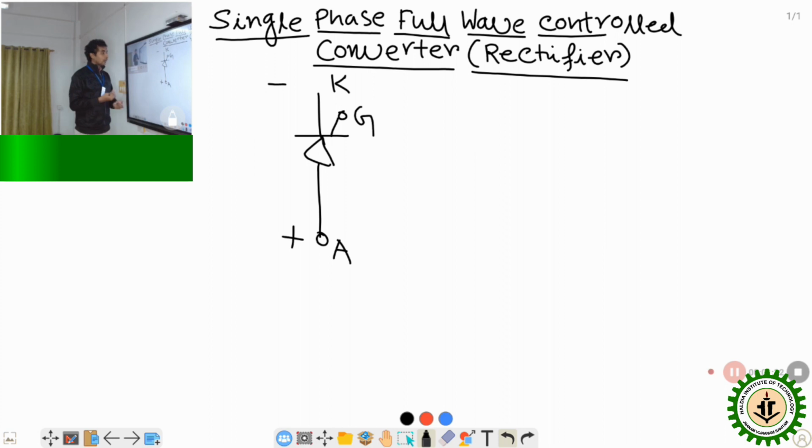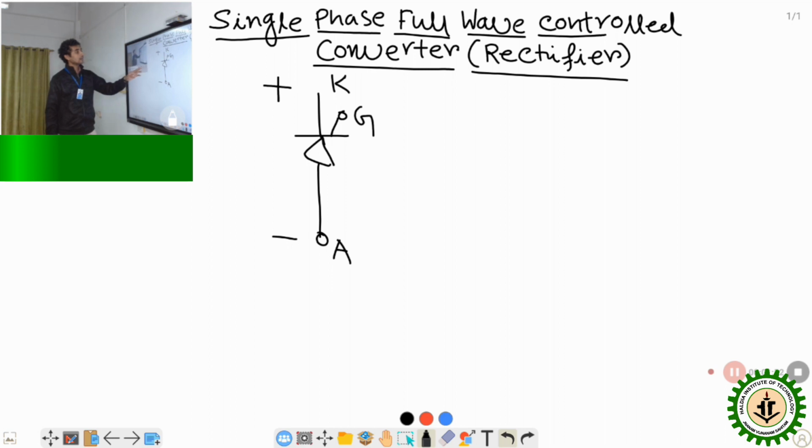And how to turn off the thyristor? The turn off of the thyristor is not in our control. The thyristor is turned off whenever it is reverse biased. What is the meaning of reverse biased? That is, the cathode is more positive than the anode.